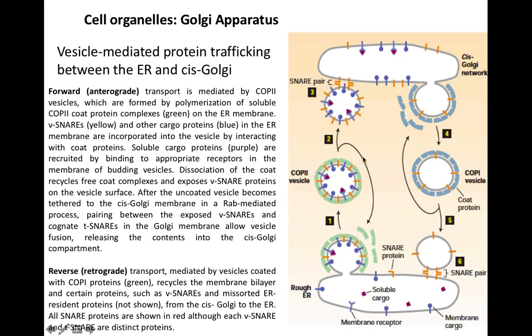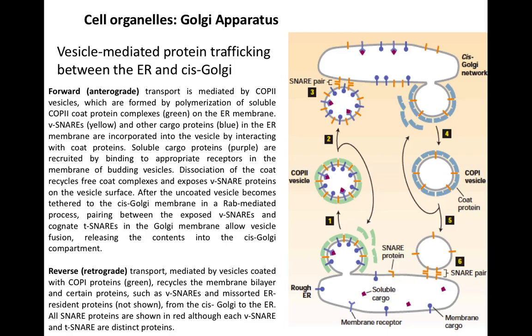These are two different proteins, but the job of both is to help with the docking process between the vesicle and the target membrane. So these SNARE proteins help in the docking of the vesicles to the membrane, whether it is the Golgi network membrane or the ER membrane. These vesicles are going to dock with both of these membranes with the help of SNARE proteins.